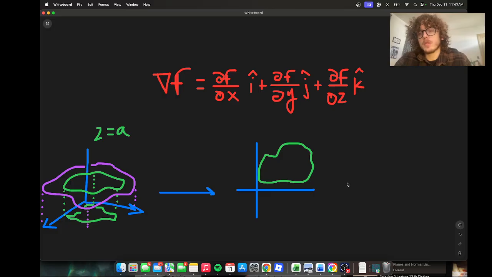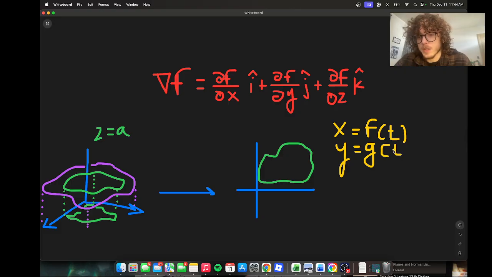Now notice how this curve has a looping fashion to it. We are able to define this parametrically. If you remember parametric equations, I can call x some function of t, let's call it f of t. All that means is that x equals some function of t, so it could be sine of t, cosine of t, something like that. And let's also map y to a distinct, different function of t, g of t.